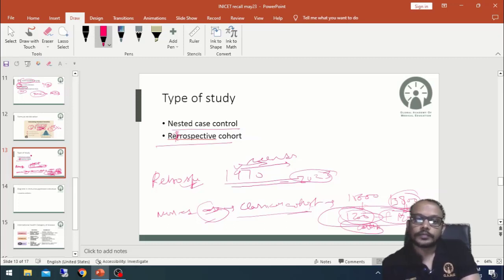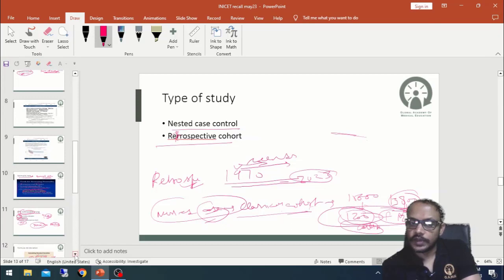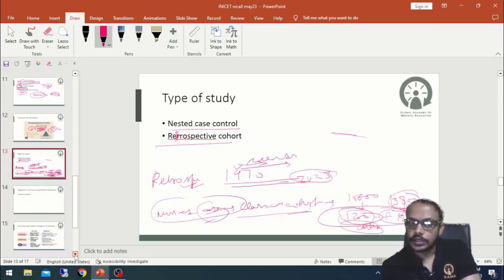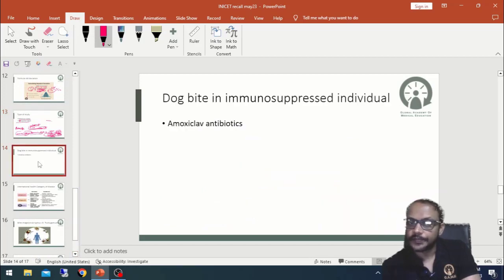And the case control study is totally retrospective. After the disease, we do not have any records. Nested case control is basically in the cohort. We all have records in the nested case control study, so recall bias is very less there. In the classical case control study, bias is there.